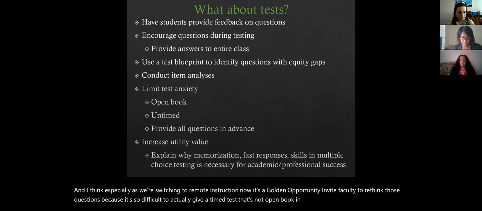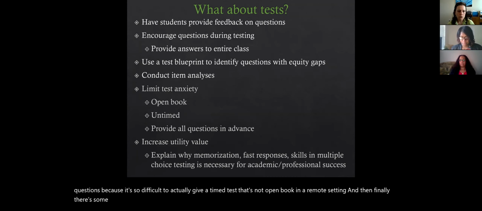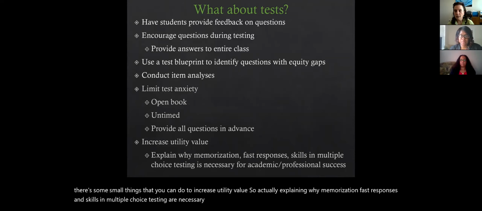And then finally, there are some small things that you can do to increase utility value. Actually explaining why memorization, fast responses, and skills in multiple choice testing are necessary for academic and professional success.